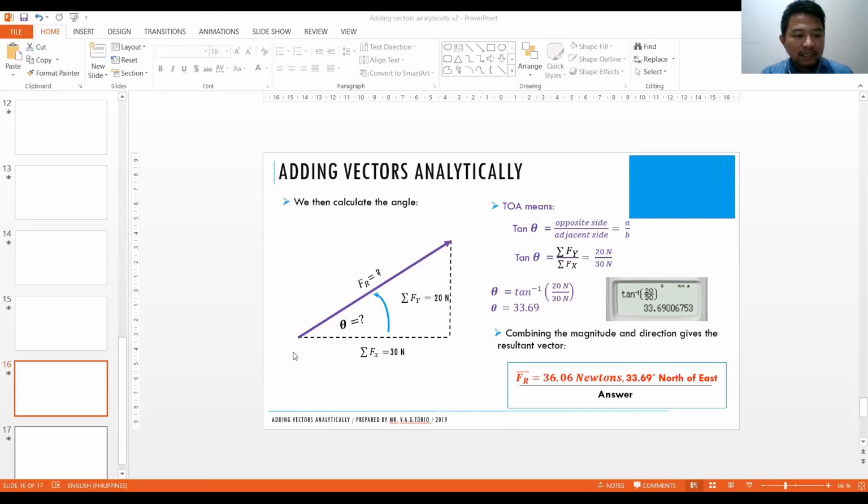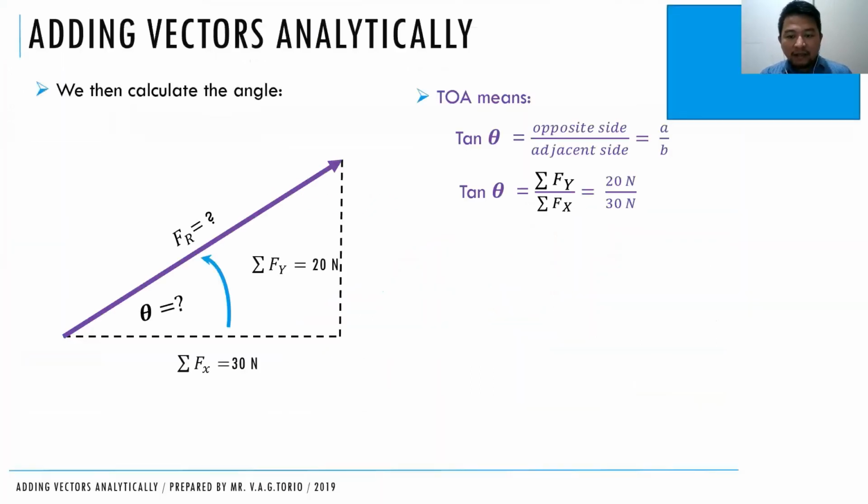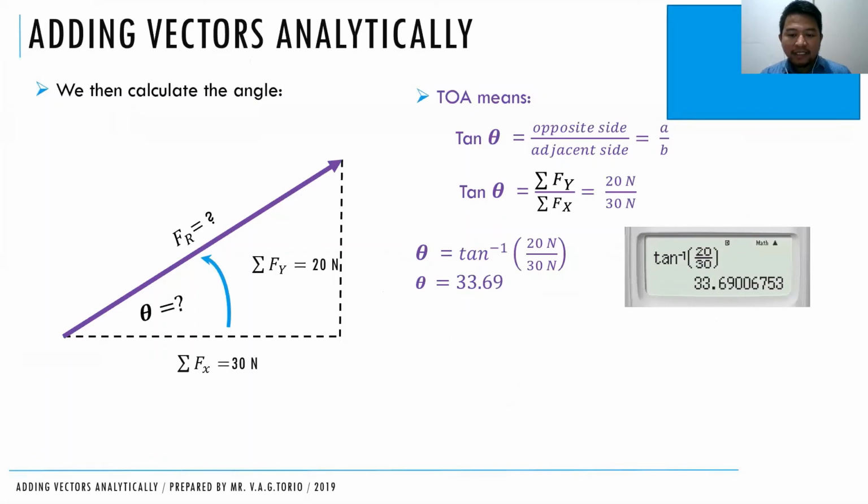Close parentheses, and we get 33.69 degrees. The value that we calculated is a pure angle, that's 33.69 degrees.